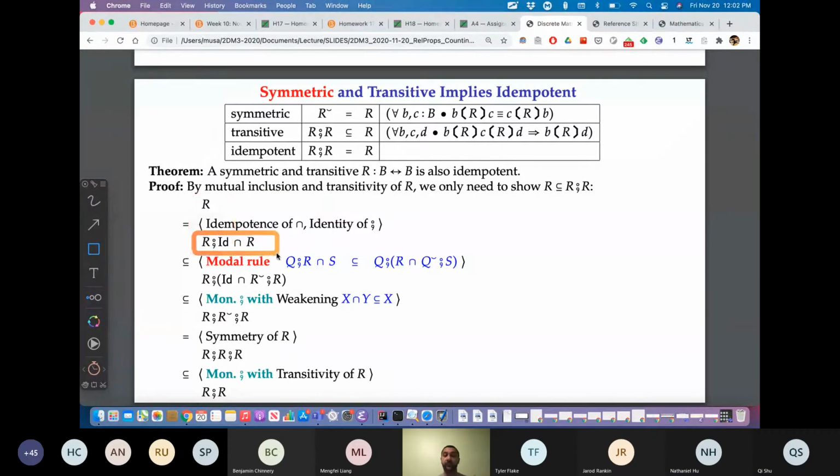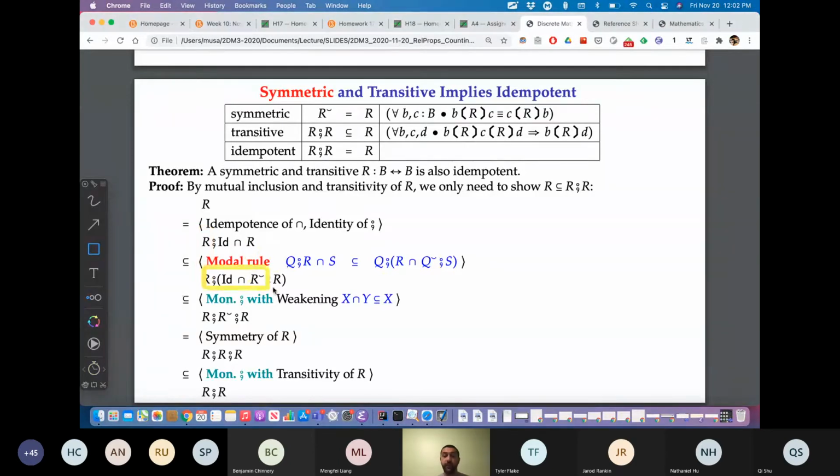And now I have a composition and a meet, so I can use modal rules. And modal rules will let me factor out R. So I take this R and I pull it out. And what's left is the identity is still there. That R is still there. But because I pulled out this R, I stick an R converse right here.